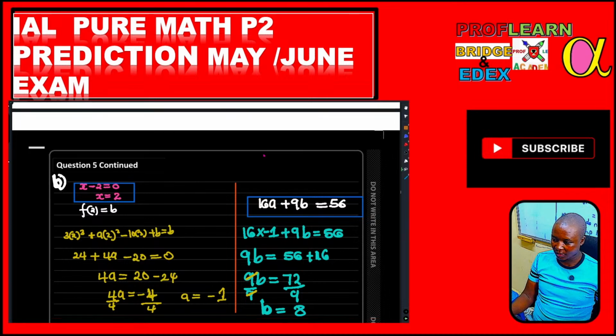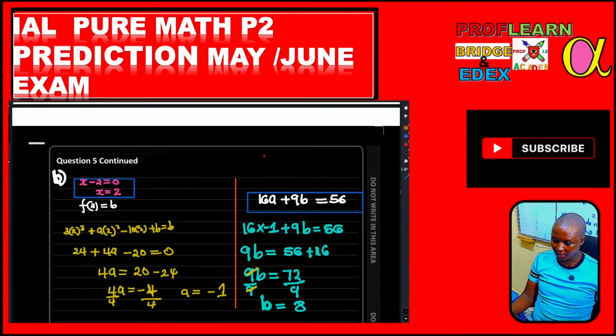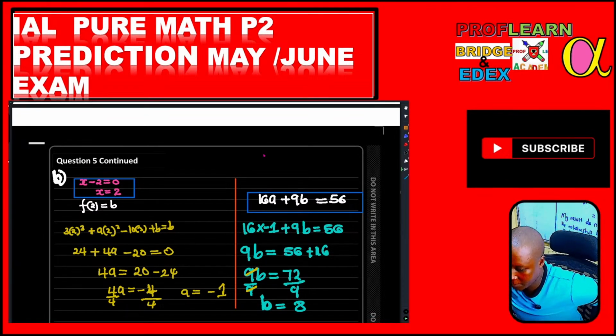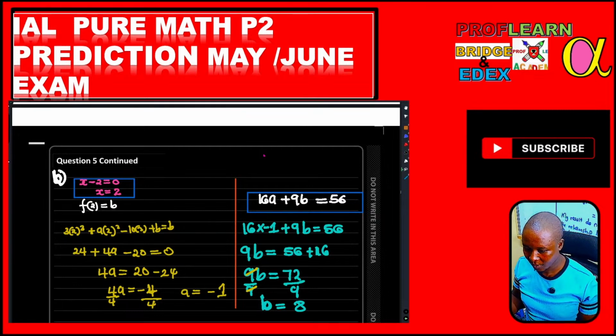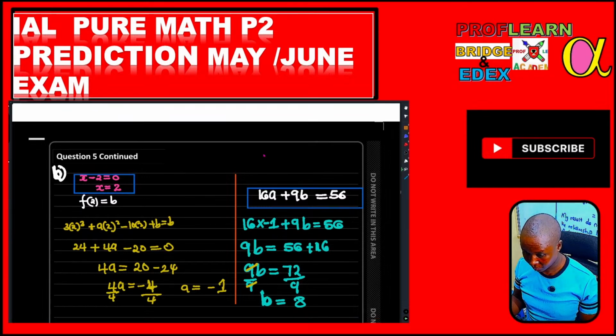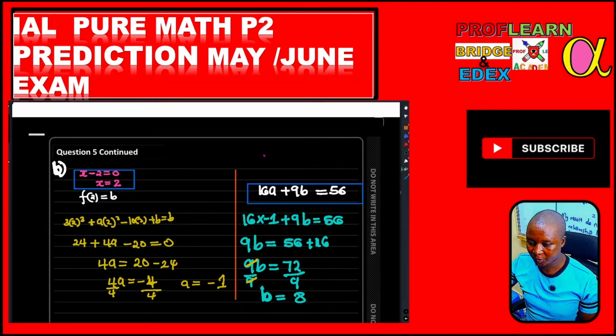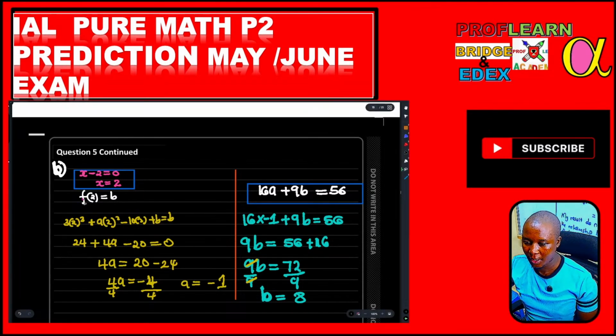In this case, we have the second equation here, and when we substitute 2 into the function, we shall have 3 into 2 cubed plus a into 2 squared minus 10 into 2 plus b equals b.